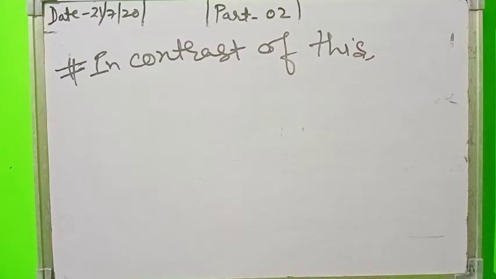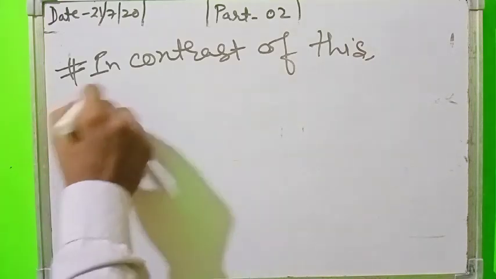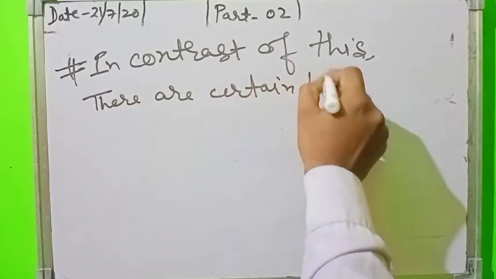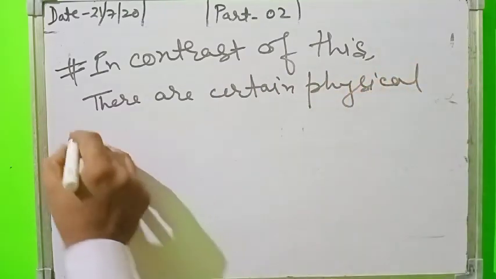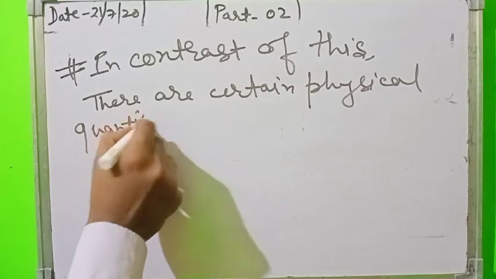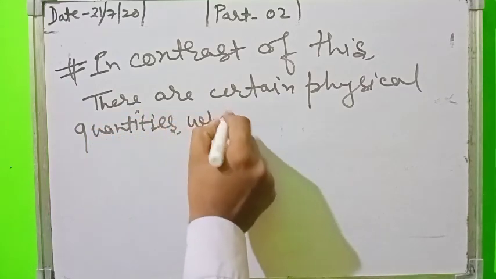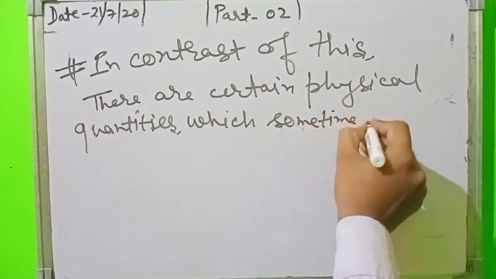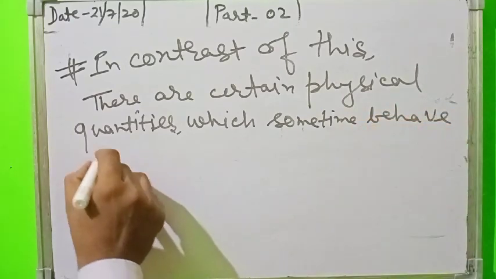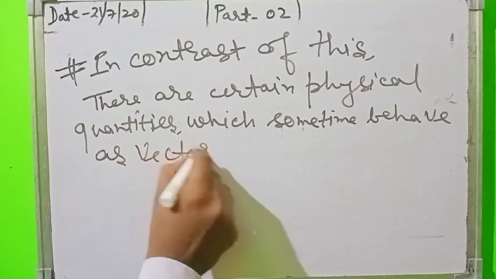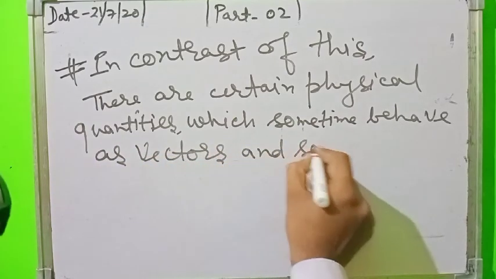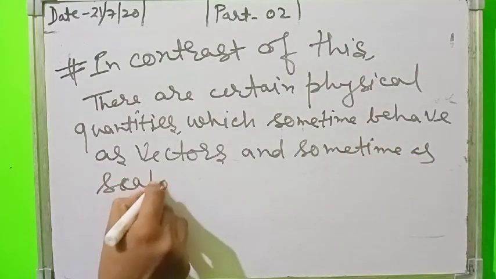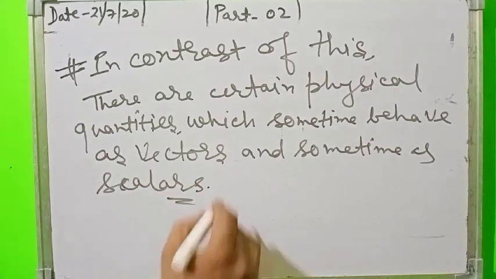But in contrast to this, there are certain physical quantities which sometimes behave as vectors and sometimes as scalars. Example: angular displacement.